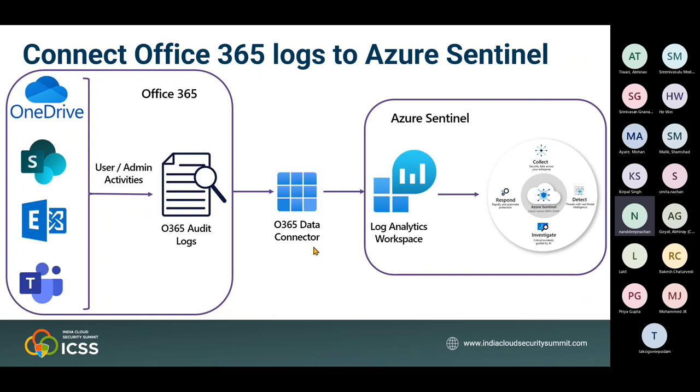We have a specific data connector available for Office 365, through which we'll be able to bring all of the audit logs from Office 365 into Azure Sentinel. This data connector will help us get all those audit logs from Office 365 into Azure Sentinel.